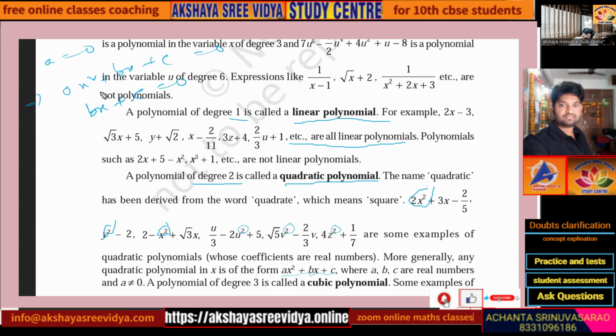Here the highest power of x is 1. So this is a linear polynomial, not a quadratic polynomial. So a is compulsorily not equal to 0. Okay.